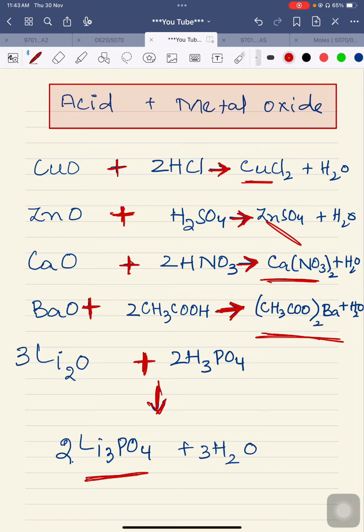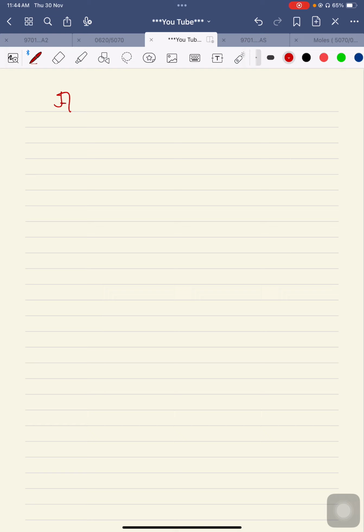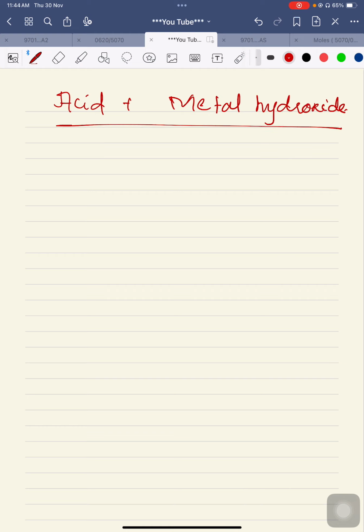Okay. So now I'm changing the board to acid and metal hydroxides. Metal hydroxide examples that are very famous and common are NaOH.